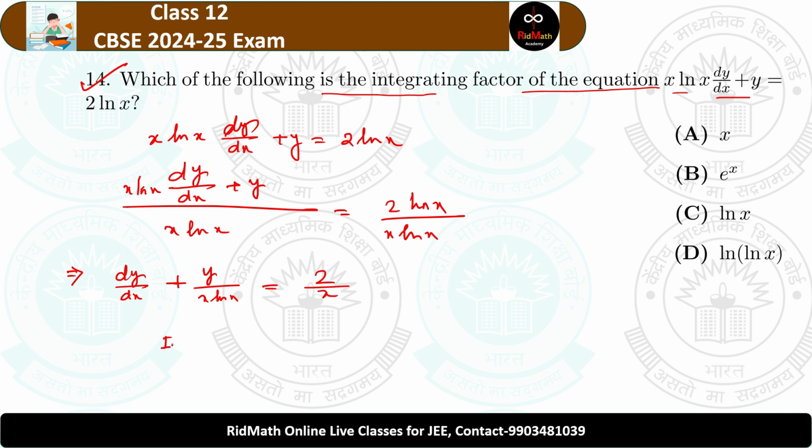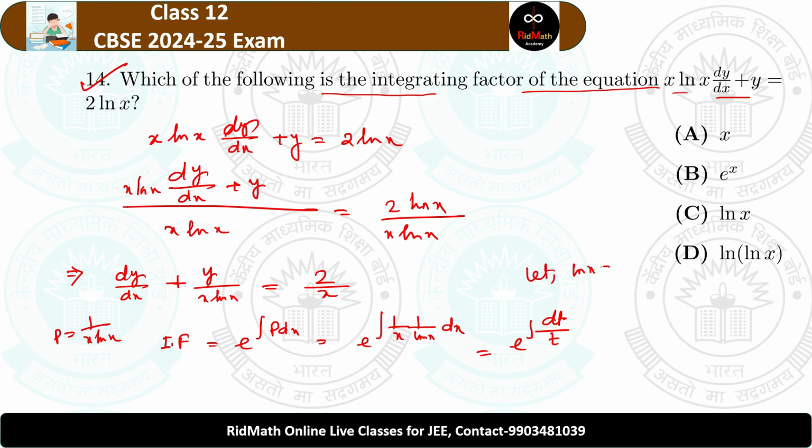So what is the integrating factor? Integrating factor is e to the power integral of P dx. Here P is equal to 1 by (x ln x). That means e to the power integral of 1 by (x ln x) dx. This is equal to e to the power integral of dt by t, because we let ln x equal to t, that means 1 by x dx equals dt.